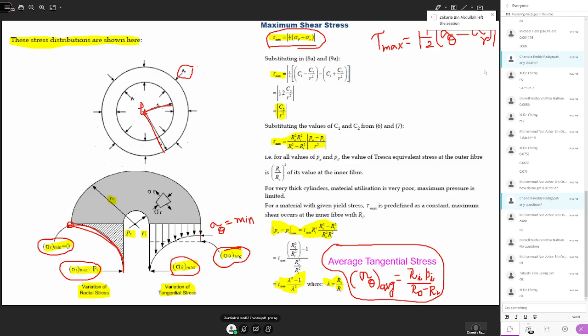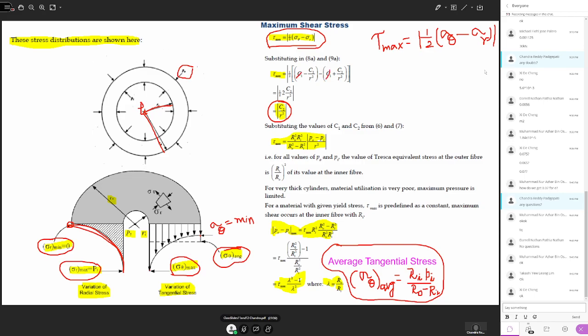So if you substitute the sigma theta and sigma r values, you can write the maximum shear stress as the magnitude of C2 over r square. If you write the C1, C2 values and look at the difference, you can cancel the C1 and C1.